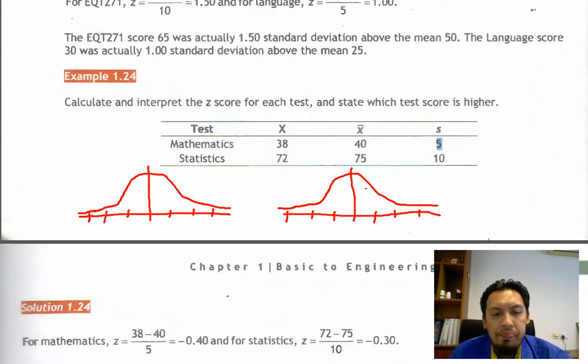So let's say that this is the distribution of mathematics and statistics. This is for math, and this is for stat.